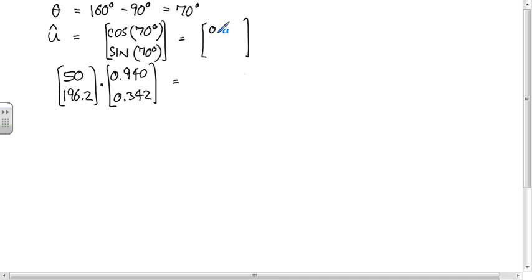So this is 0.342, 0.94. Was that still the right answer? Yeah. Okay, so 201.47, I think it was. So that's the normal force.